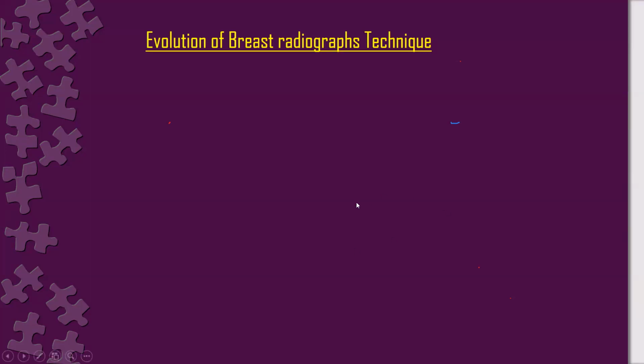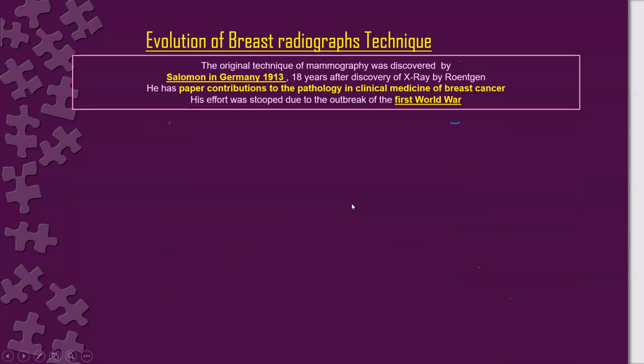Okay, it was first discovered by Salomon in Germany in 1913. It was only 18 years after the discovery of X-ray by Roentgen. At that time he made a paper contribution to the pathology in clinical medicine of breast cancer, but his effort was stopped immediately due to the outbreak of the First World War.